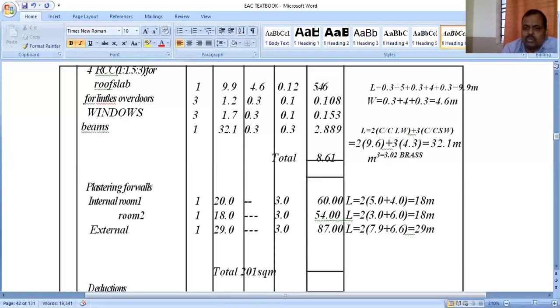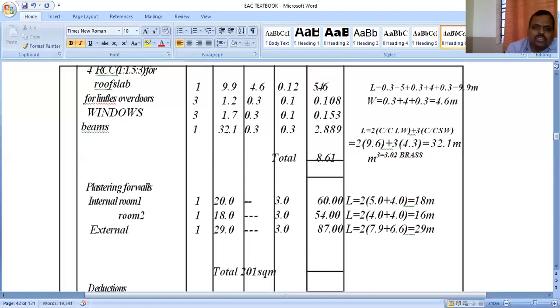And for room 2, how much will it be? 2 into 4 plus 4, so 4 plus 4 is 8 into 2. This will be 16 meter.